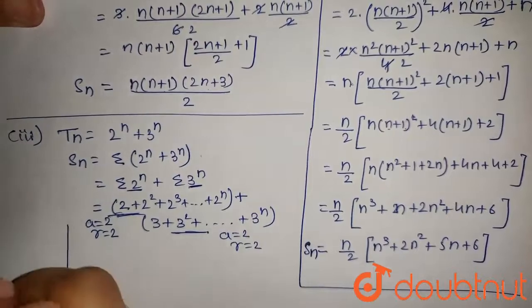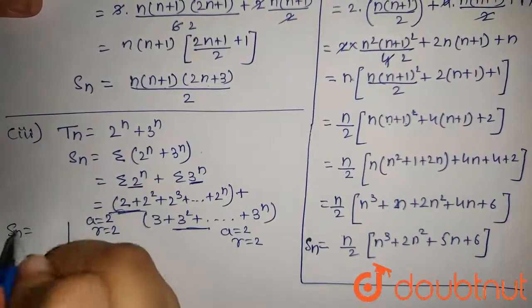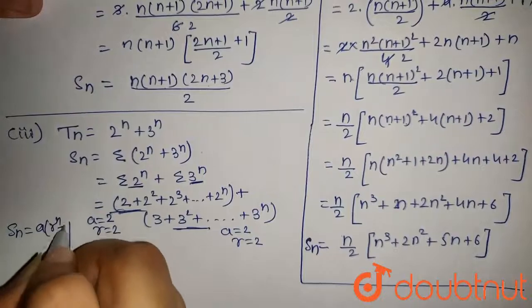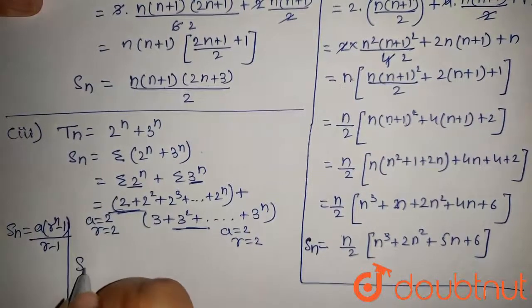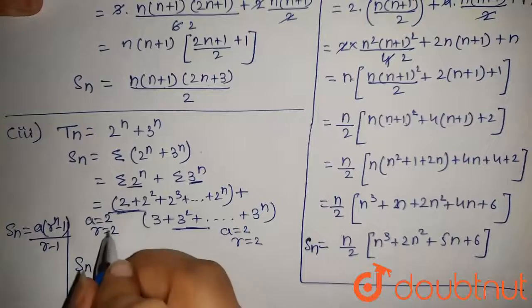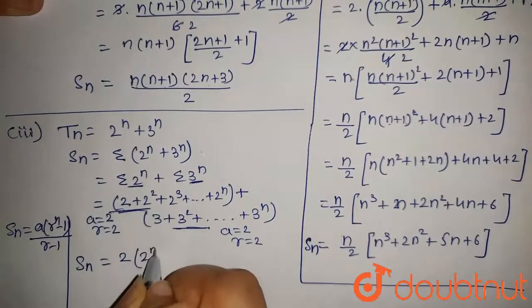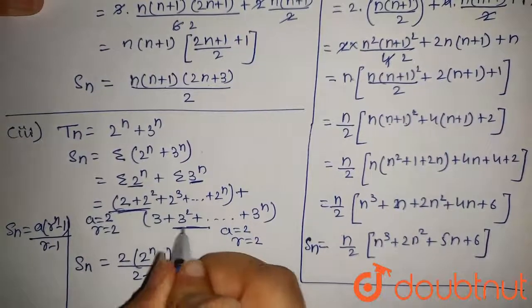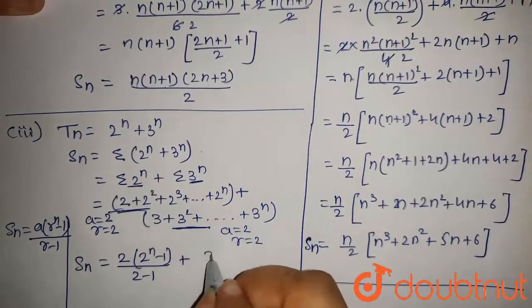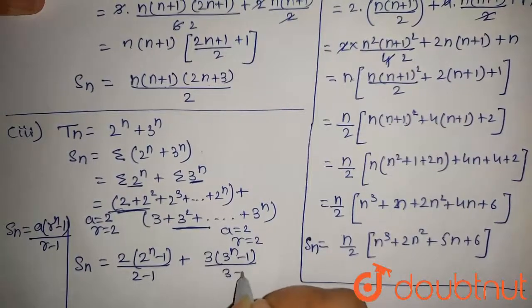And we know the formula of summation of GP, that is Sn is equals to A into R to the power n minus 1 upon R minus 1. So on applying this formula here, we get Sn is equals to, for this, A is 2, so 2 into 2 to the power n minus 1 upon 2 minus 1, plus sum of these terms will be 3 into 3 to the power n minus 1 upon 3 minus 1.